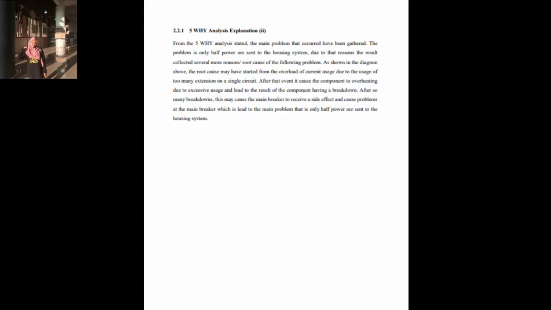After so many breakdowns, this may cause the main breaker to receive a side effect and cause problems at the main breaker, which leads to the main problem, that is only half power being sent to the housing system.